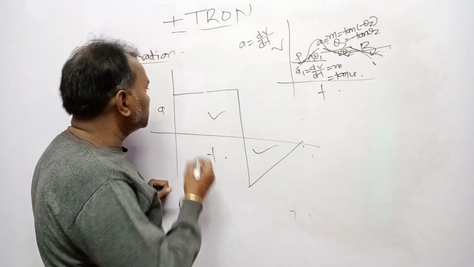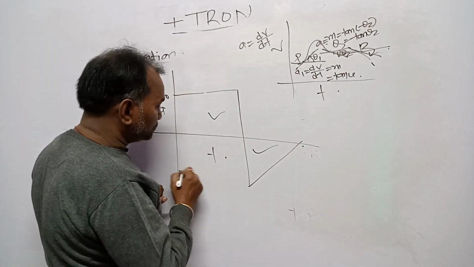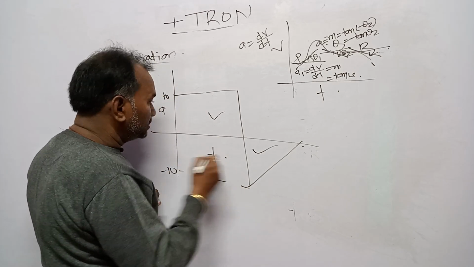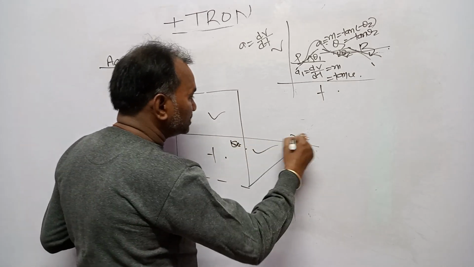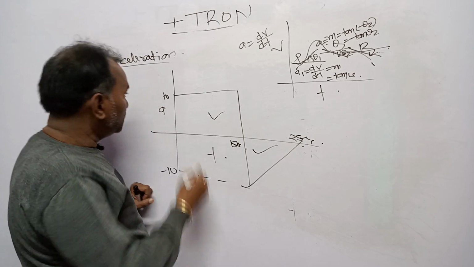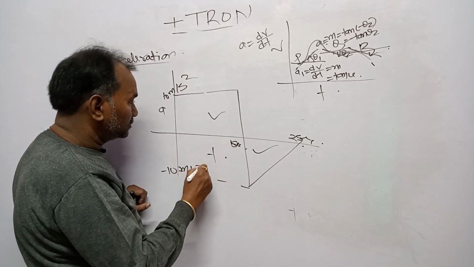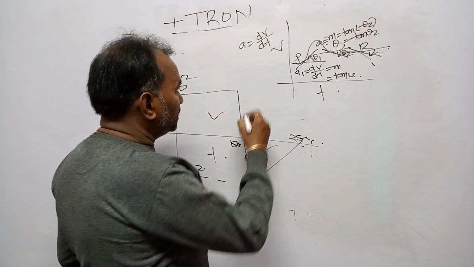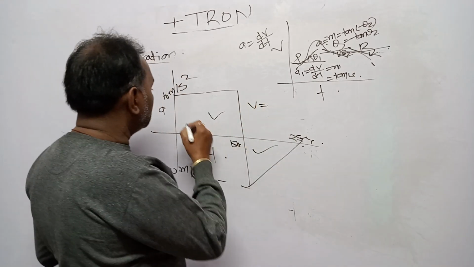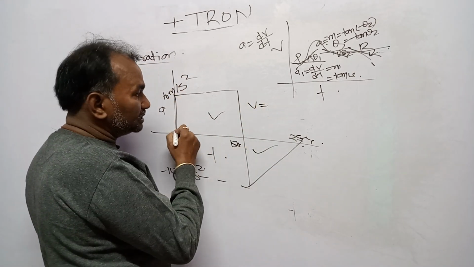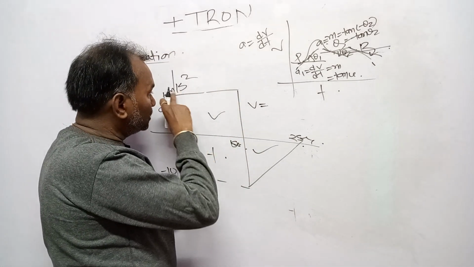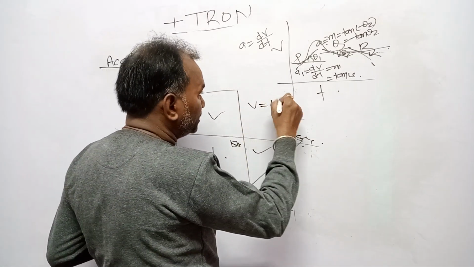Dear student, let this be 10, this one is minus 10, this is 1 second, and this is 2 seconds. It is meter per second square. Now, velocity will be what? This is a rectangle, so length into breadth, 10 into 1.